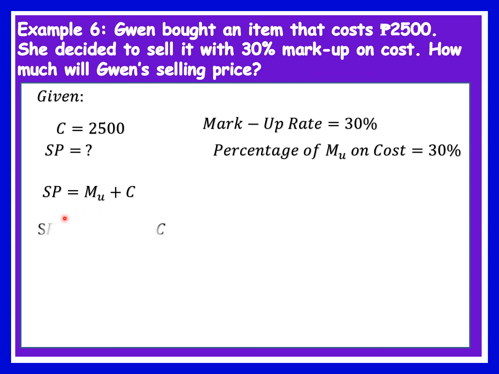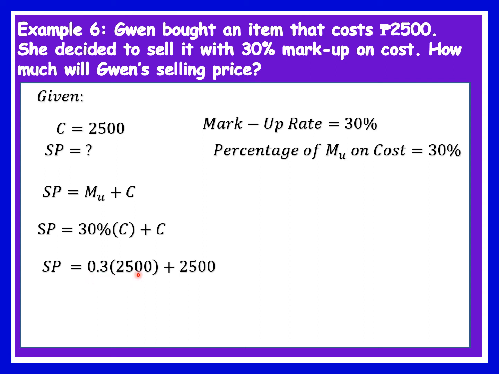Once again, that is selling price equals 30% of the cost plus the cost. We can now substitute the given 2,500 to the cost. So that will be 30% of, by the way, 30% is 3/10 or 0.3, the cost is 2,500, then plus 2,500.